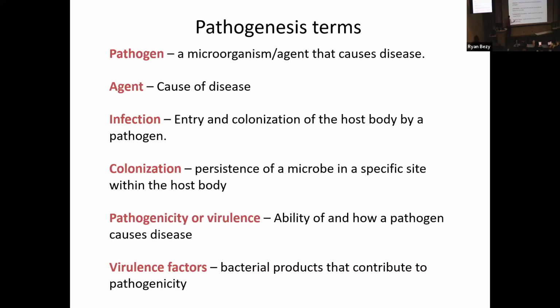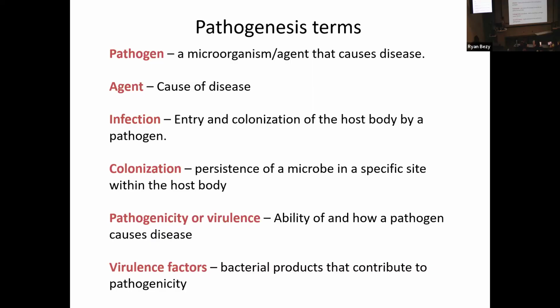And then there is something we're going to talk quite a bit about called virulence factors. A virulence factor is something that a pathogen has. It's an enzyme, a process, a structural feature or structural adaptation. It's something about the pathogen, something it does that allows it to be a pathogen, that allows it to cause disease.